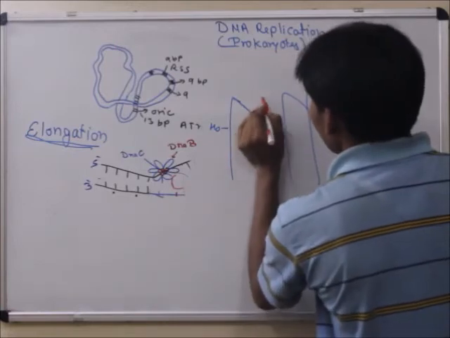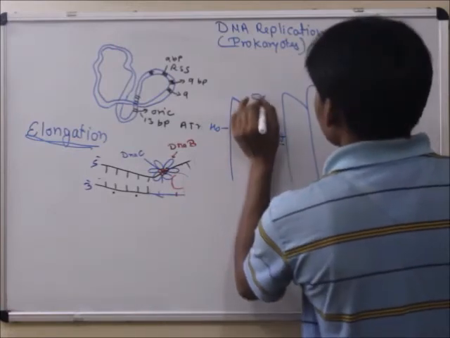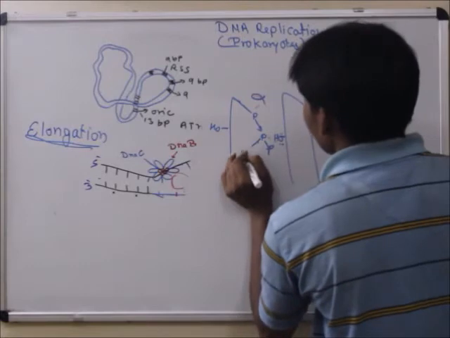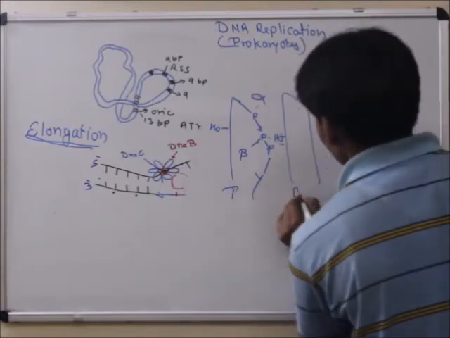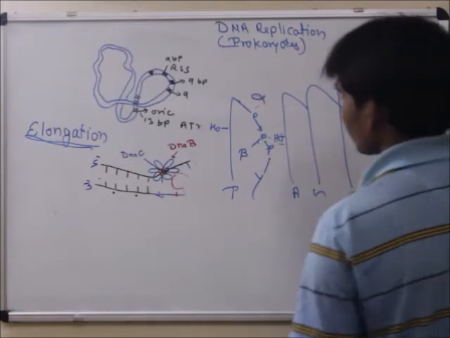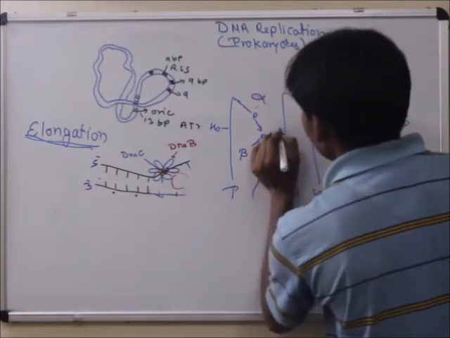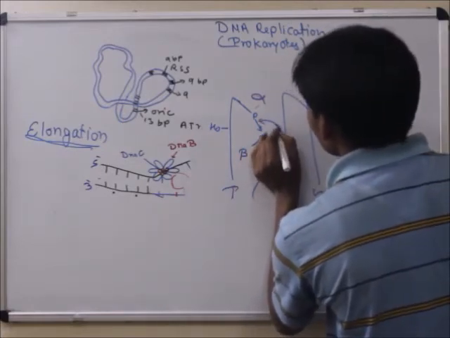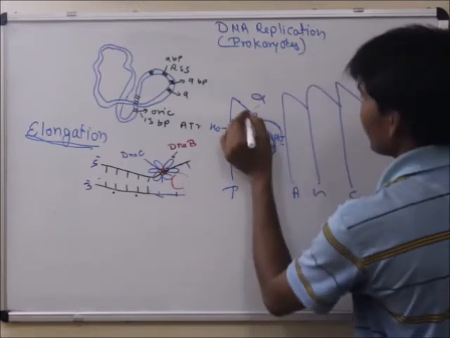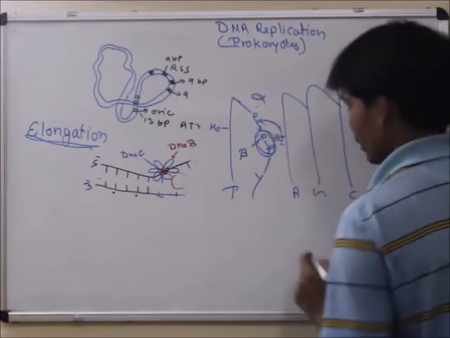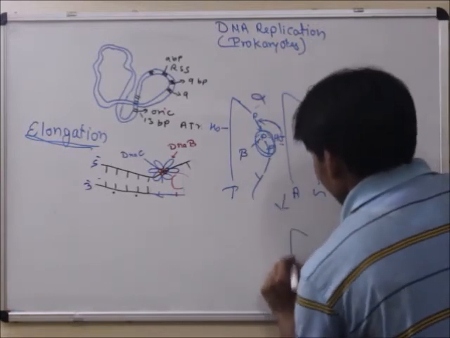This is called the alpha phosphate, this is the beta phosphate and this is the gamma phosphate. This is the T, A, G, C. So nucleophilic attack occurs on the alpha phosphate group, then two phosphates are removed, and the nucleotide is added.